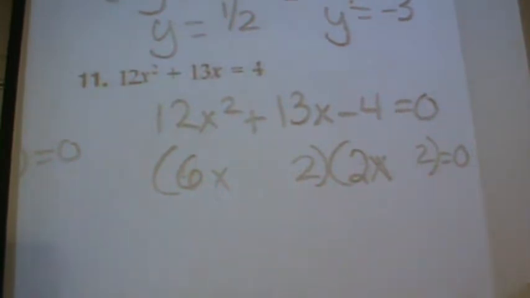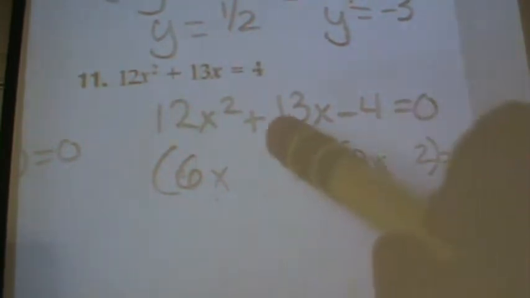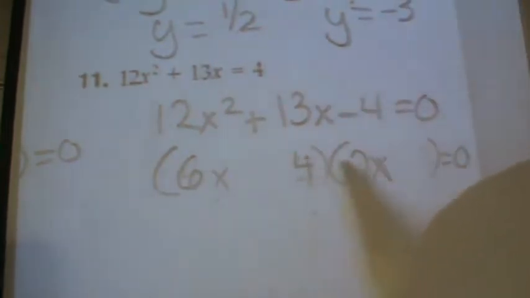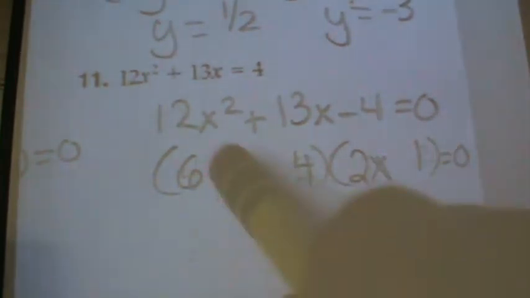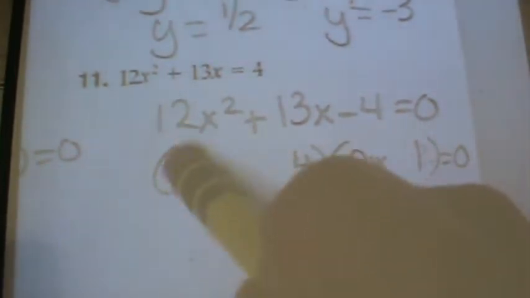What else can we try? How about if we put a 4 and a 1 here? So that's going to give us 6 and 8. Nope. Anyone else? Let's go back to 3 and 4.